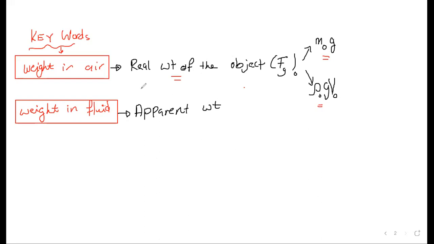Once we find them together, don't think more. Let's say this is number one, this is number two.